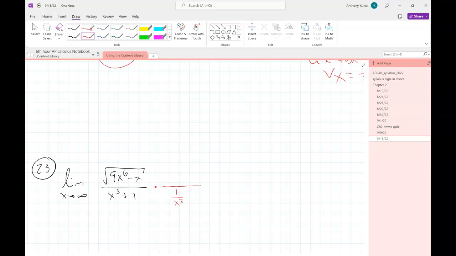Now, I can't multiply the top by 1 over x cubed because I can't multiply the x cubed into the radical. I need to have a radical around that. So 1 over x to the sixth with a square root around it is the same thing as 1 over x cubed. So I'm just going to write it that way.